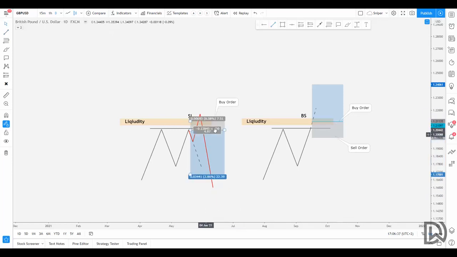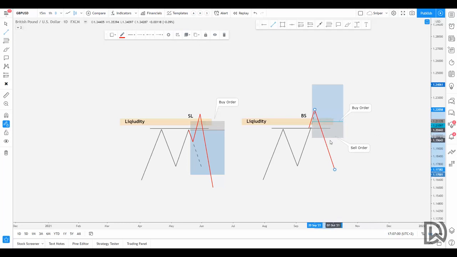So this whole move, stop hunt, liquidity run, is to grab orders and to trick buy stop orders, breakout traders, into going long. Traders that go long get triggered in, they are very happy, the orders are triggered, and then price reverses, and the sell orders are also triggered in the form of their stop losses.